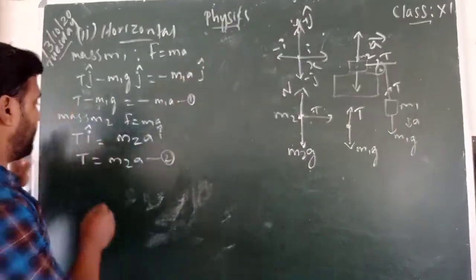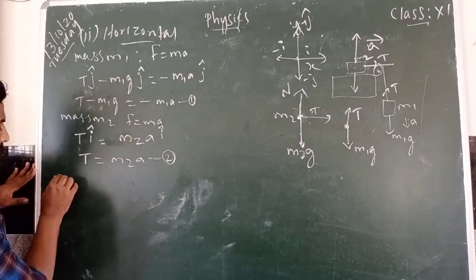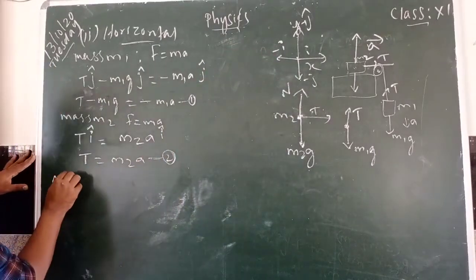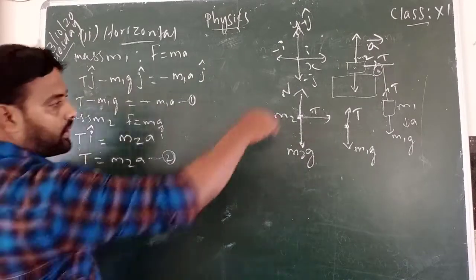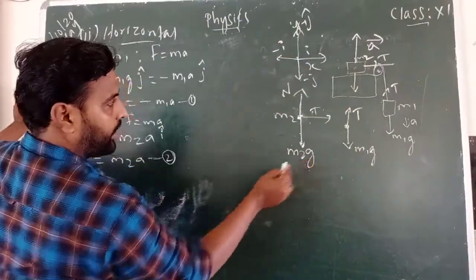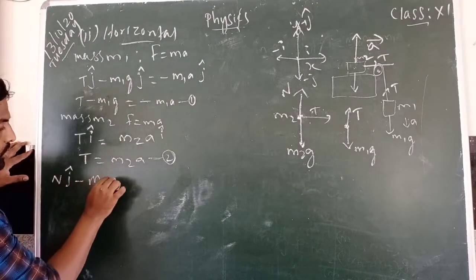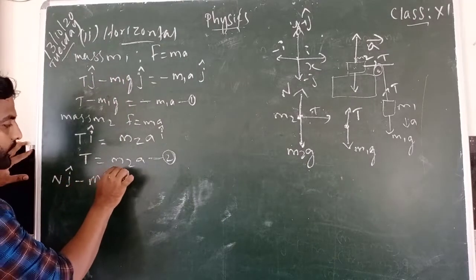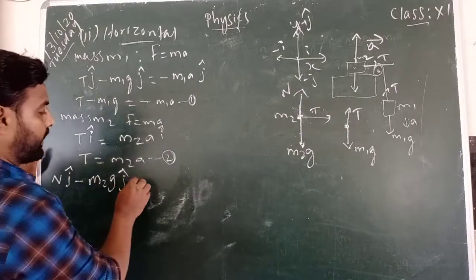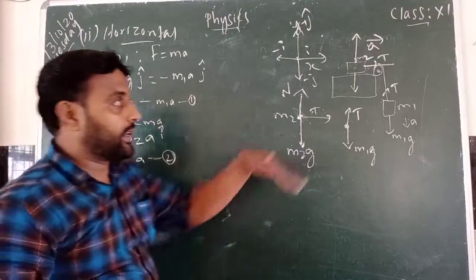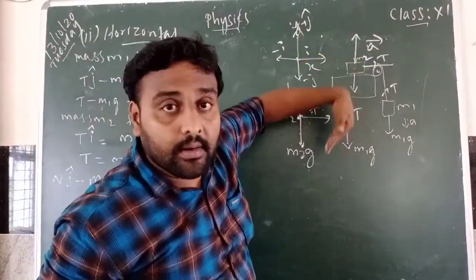Now in the vertical direction: upward N in the J unit vector and downward M2G in the minus J direction. Is there any acceleration in this direction?